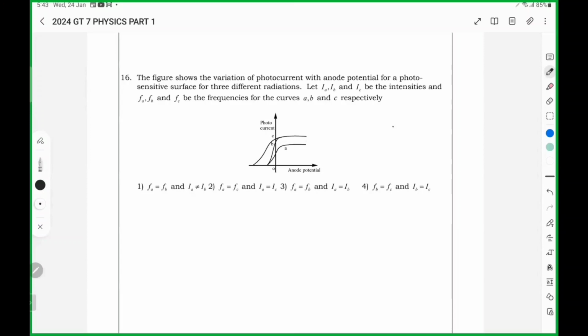Here, how does intensity depend upon photocurrent? Intensity means more number of photons are incident on the metal surface.